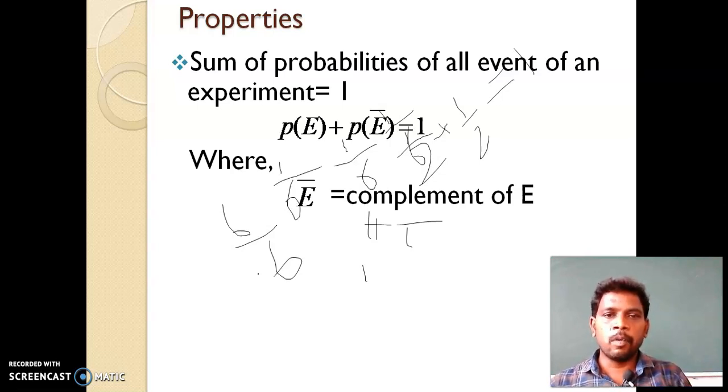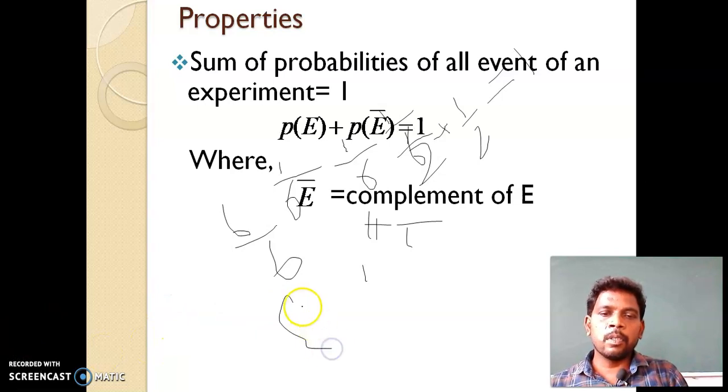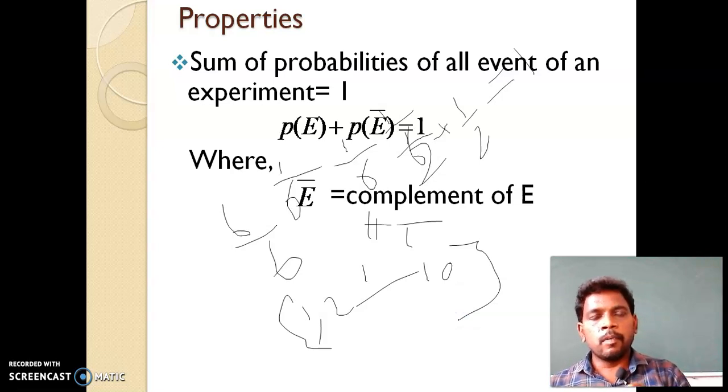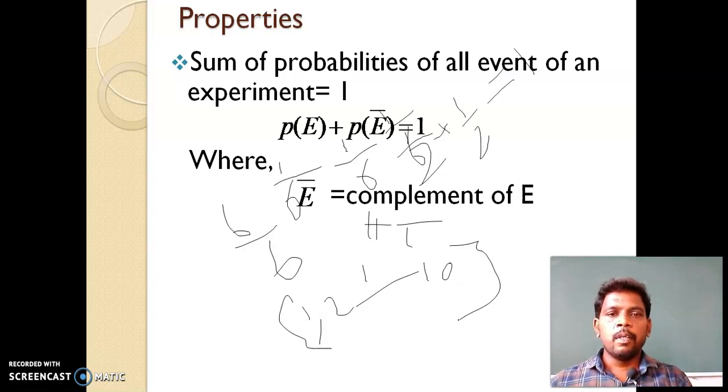In a similar way, suppose in a box, 1 to 10 numbers are there, 1, 2, 3, just up to 10. So 10 numbers are there, right? Now I am going to take odd numbers alone, or I am going to take the first 4 numbers, that is 1 2 3 4, or you can do it like this.